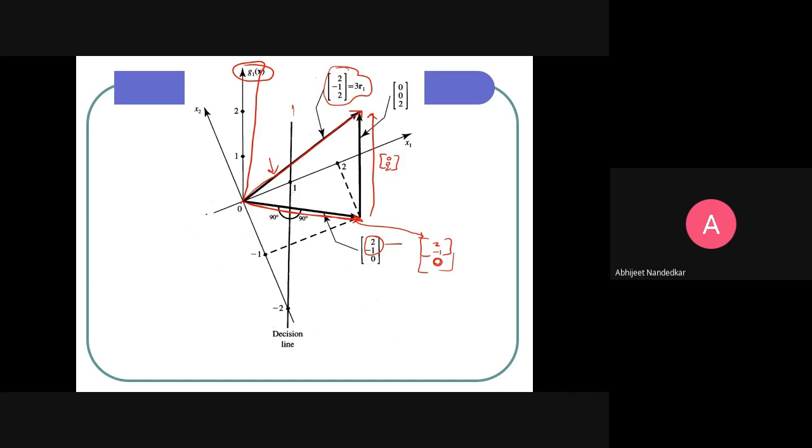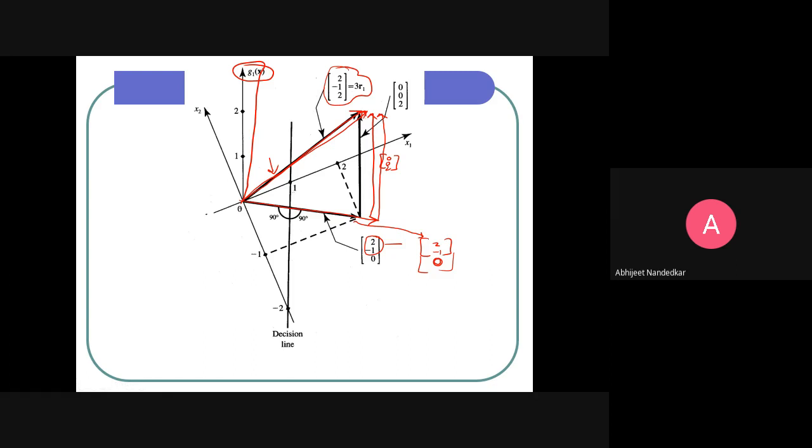Remember, this is my decision line. I am looking from the top now. So this is the same decision line on the x1, x2 plane. This is a normal vector to the decision line. This is being lifted by the amount 0, 0, 2. And the resultant vector is this one.